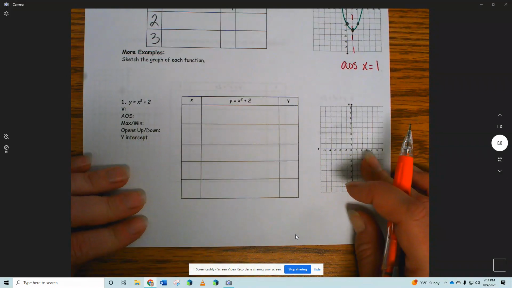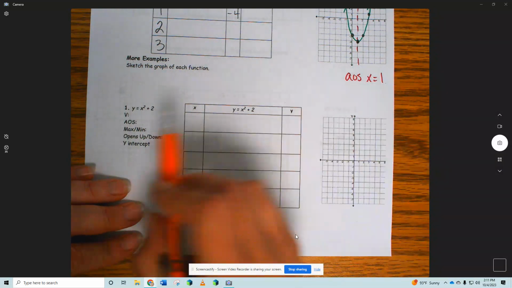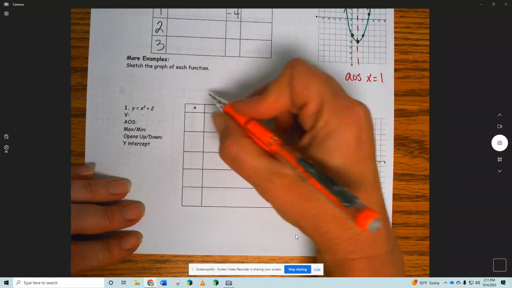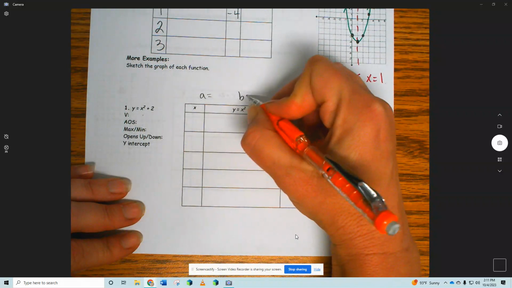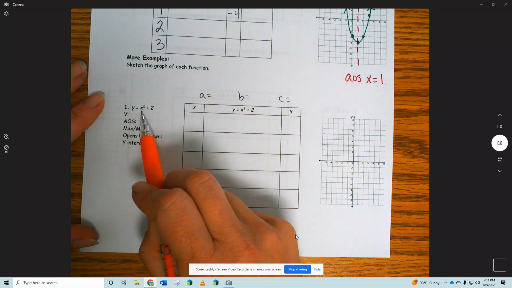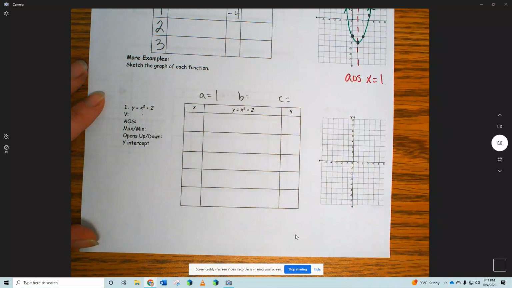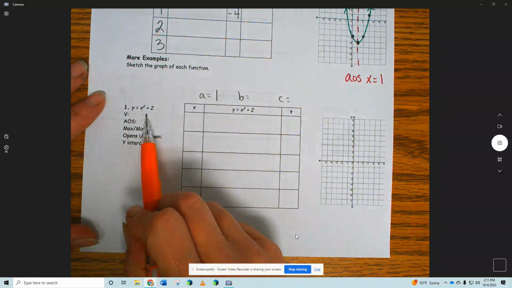All right, moving on up. This A is what? B is what? C is what? A is 1. What's B? What's C?